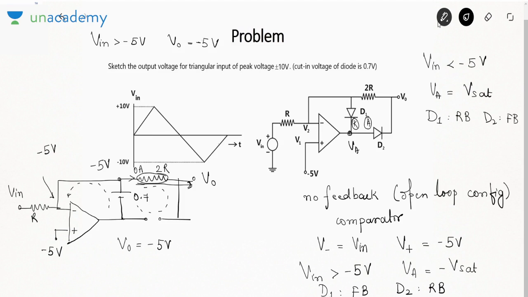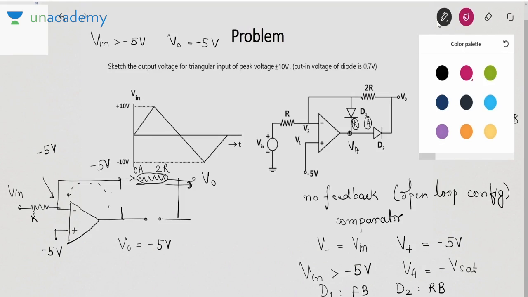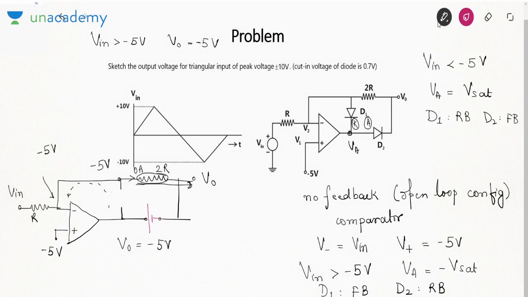Now let us take another case in which Vin is less than minus 5. So D1 is reverse bias, but D2 is forward bias. If D2 is forward bias, it will be replaced by a battery of 0.7. Now see this, it is a complete feedback path.